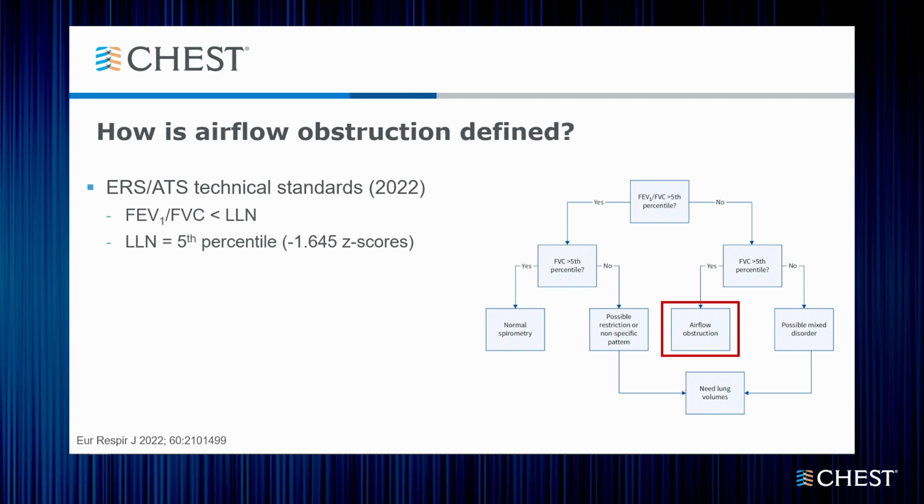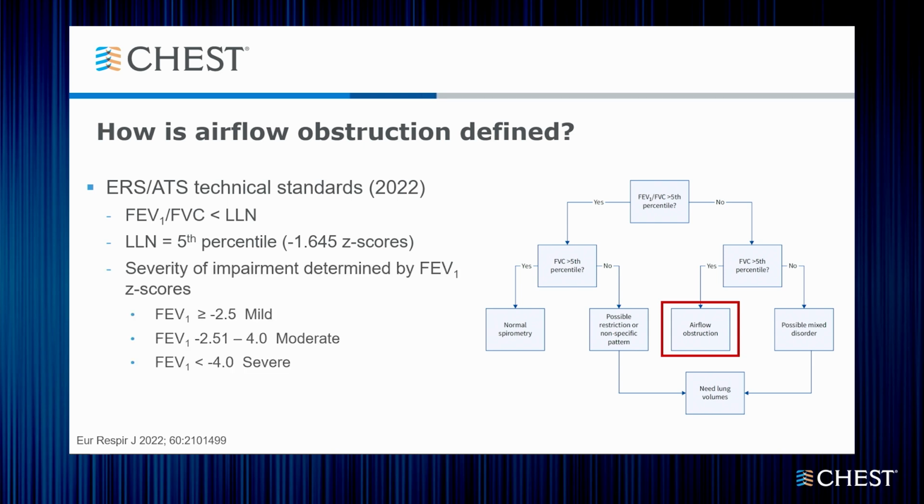Now, the difference between 2005 and 2022 is how the severity of impairment is graded, with the current guideline statement using z-scores: a z-score of less than 2.5, absolute value, is mild, 2.5 to 4 moderate, and more negative than 4 is severe.